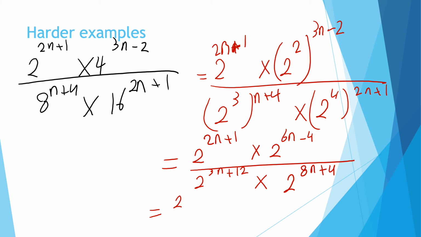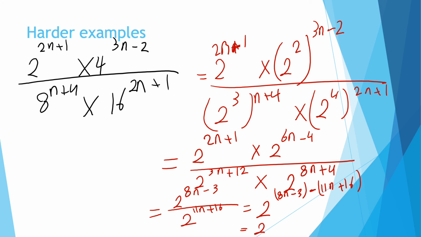So we've got 2 to the power of 8n minus 3 over 3n plus 8n is 11n plus 16. Now the same base, so you can minus, so 2 to the power of 8n minus 3 minus 11n plus 16.